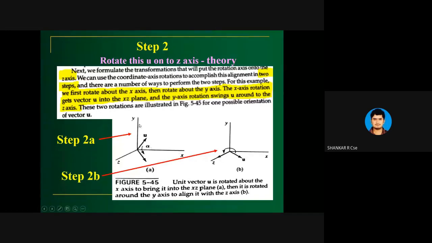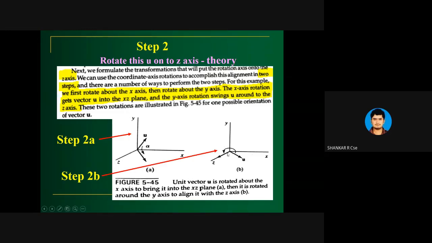Now it is in the xy plane. Somehow rotate it. If you rotate the axis, obviously the object also gets affected. Now the first step is the u which is in xy, put it to xz, step 2a. This should be the output of 2a, and this should be the input to 2b.